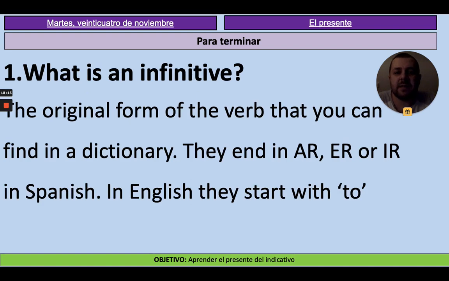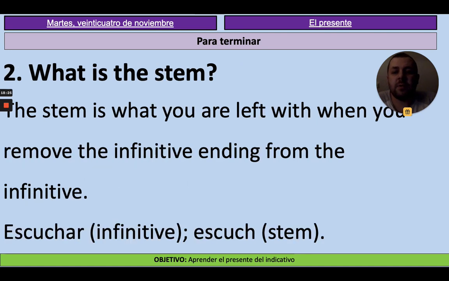The infinitive is the original form of the verb that you can find in a dictionary. They end in AR, ER, or IR in Spanish, and in English they start with to. What is the stem? The stem is what you are left with when you remove the 2-letter infinitive ending from the infinitive. Escuchar is the infinitive, escuch is the stem.